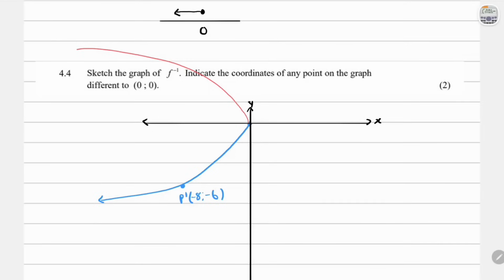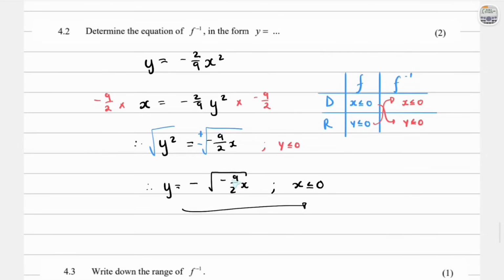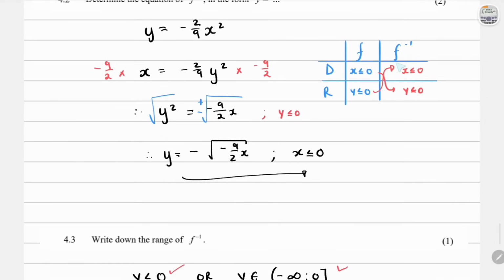Your range would change. In question 4.2, when we were finding the equation of this, right, you see how the range of the inverse was y is less than or equal to 0. Now we're just going to change our decision, and instead of making that range negative, we will make it positive.